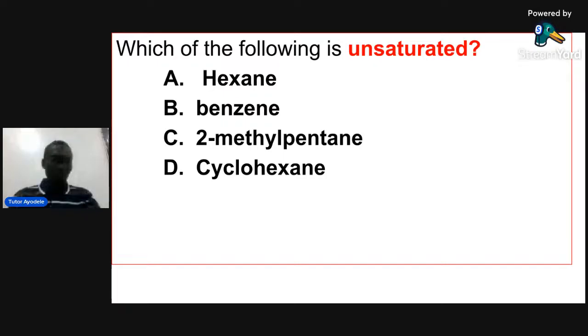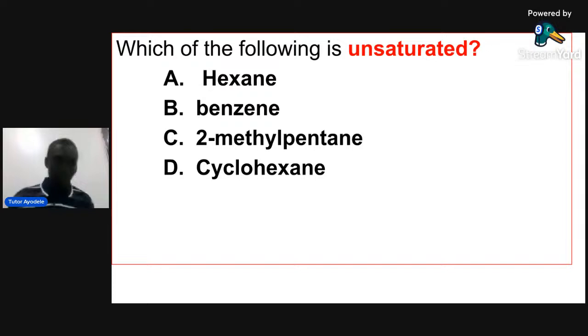Let me show you something here. What is this? Pentane, right? A-N-E. So that one is the cyclo form of alkanes. And you can see for cyclohexane as well that the ending is A-N-E.